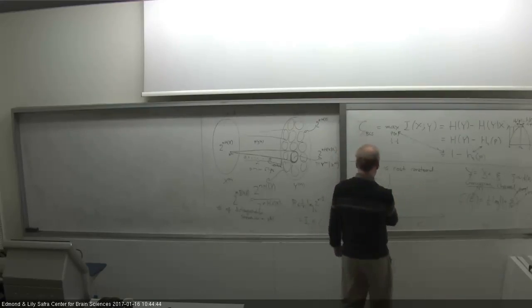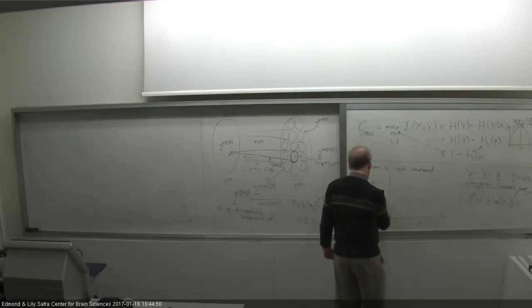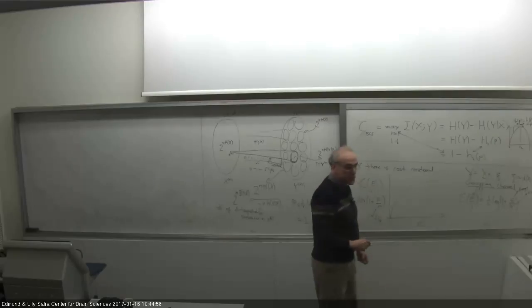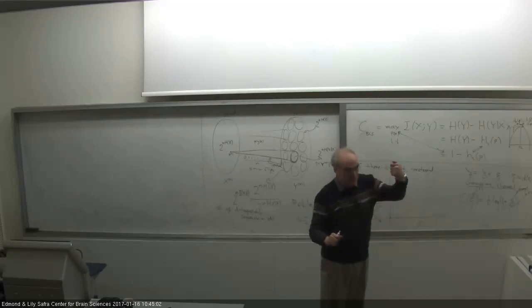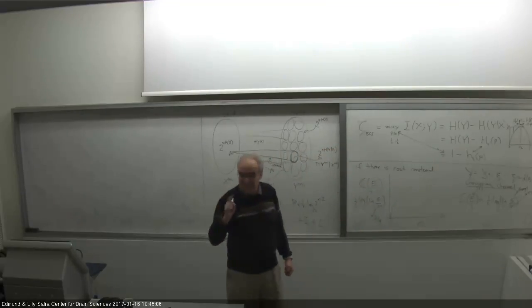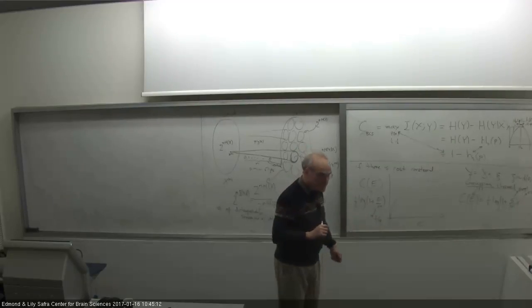So C is essentially log of 1 plus S over N, or E over sigma squared, which is again the signal-to-noise ratio. The notion of signal-to-noise ratio is really very important. It's the ratio of the energy in the signal over the energy of the noise. So after the BSC, which is the trivial example, this is the most important capacity calculation in information theory.